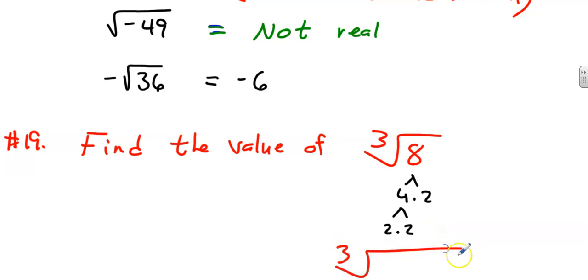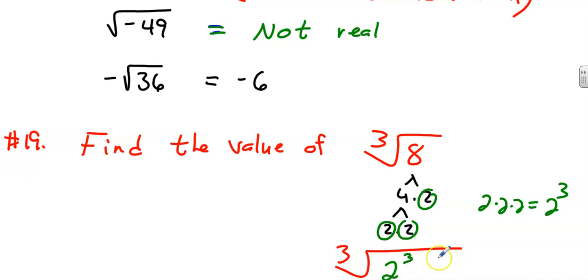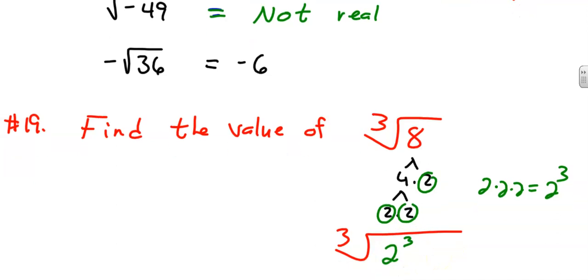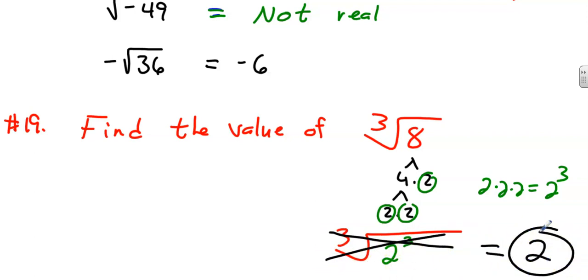So that would be the third root of, if you think about the 8 here in this case, with all your prime numbers, it's 2 times 2 times 2, which is the same thing as 2 to the third. And if they ask you to find the value, as long as this index and this power match up, they just cancel each other out, and everything is gone. The answer is just going to be the number you get on the inside, which would just be 2.